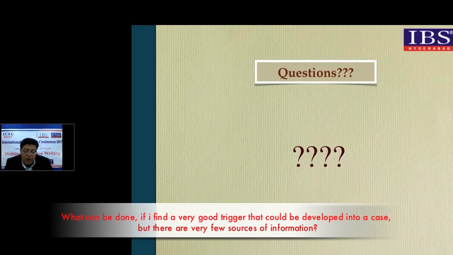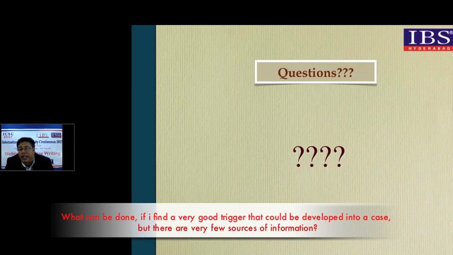that could be developed into a case, but there are few sources of information. Now, you have a good trigger, but you don't have enough sources of information. In this case, you have to make some calls. One is, if you don't have enough sources of information, you should look for some other case trigger.